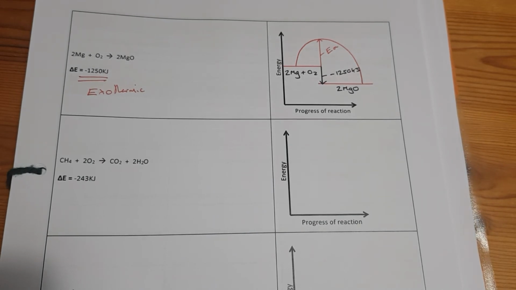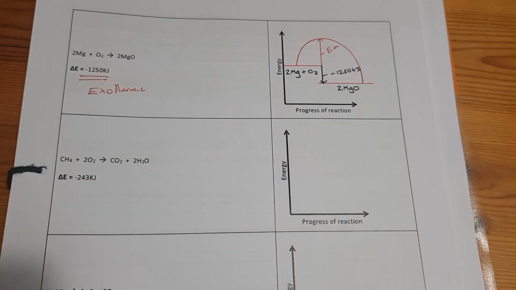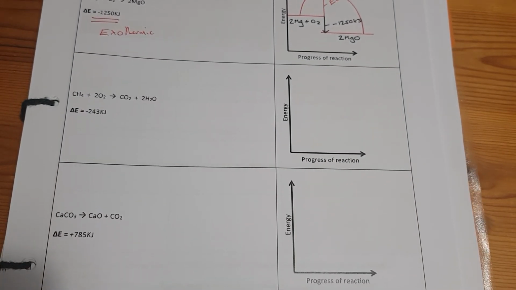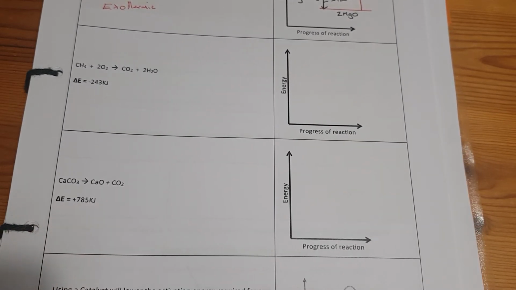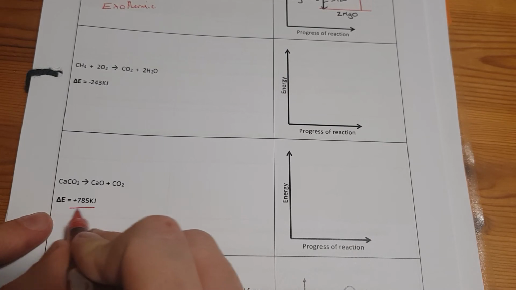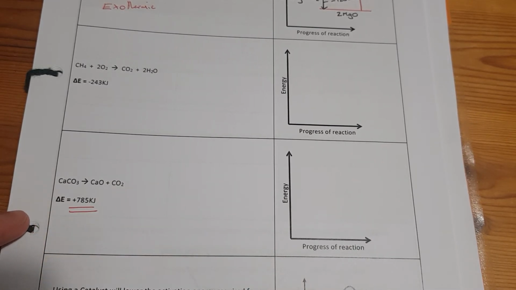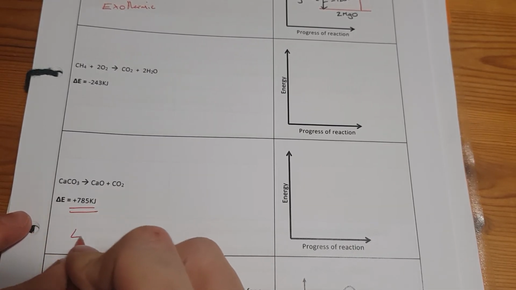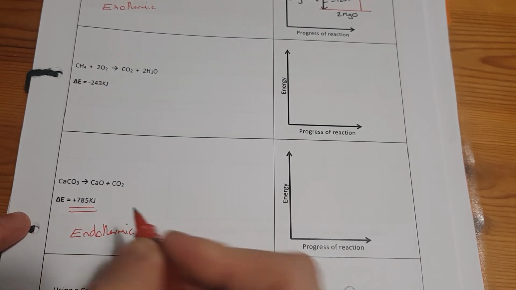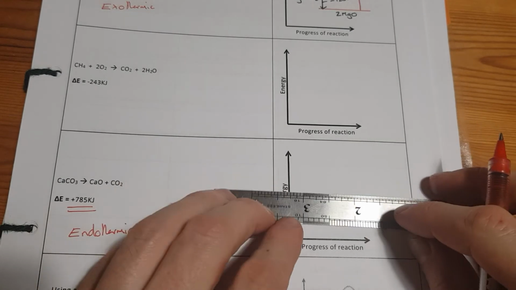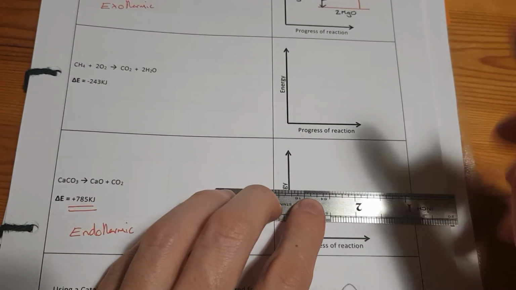So I'm going to leave this second one. You can do this second one. I'm going to have a look at this third one here, okay, the calcium carbonate. Now we should see from the energy change that it is endothermic because it's positive. So, same again, we're going to draw our reactants about halfway up.